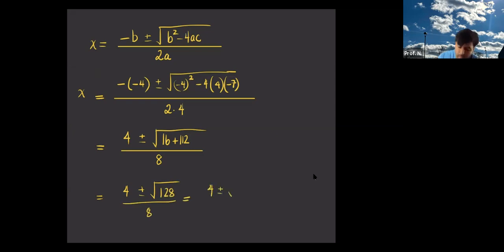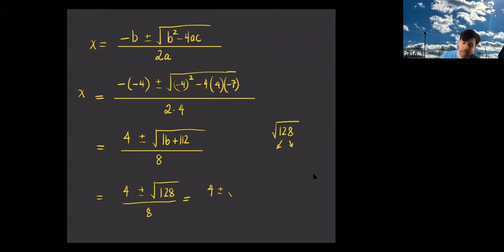And then we try to see, wait a minute, 128, I think I can break that down, right? How can I break down 128? Is there a perfect square that divides 128 nicely? It looks like 4 goes into it. 128 divided by 4 works, that's 32. But actually, there's a bigger one.